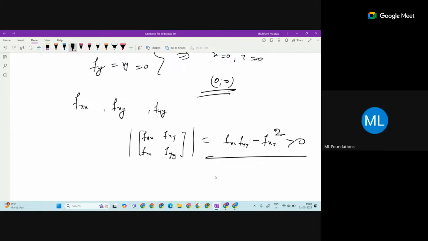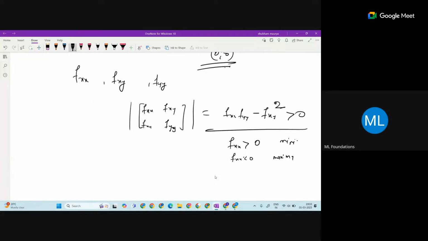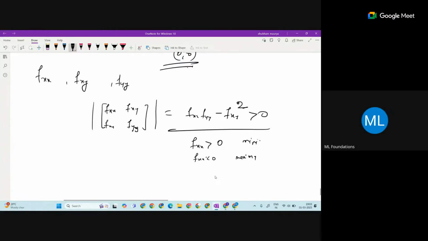Yes, here we are getting 4 minus 0, so 4. If this is greater than 0, it is minima. If this is less than 0, maxima. And the saddle case is generally when this is equal to 0 or less than 0, these two will give saddle.